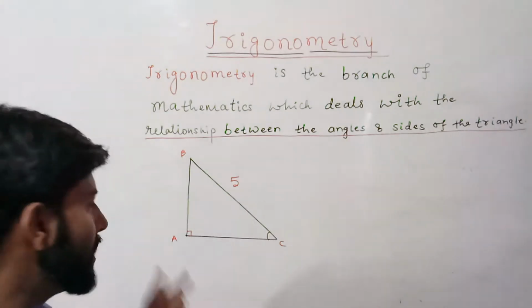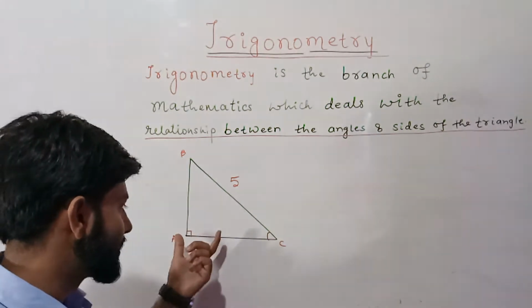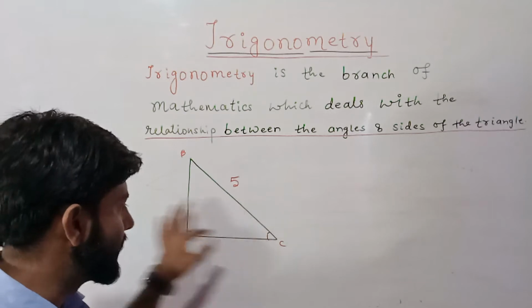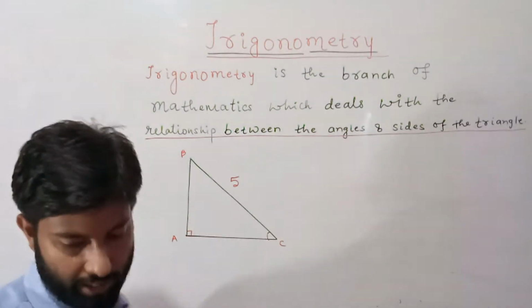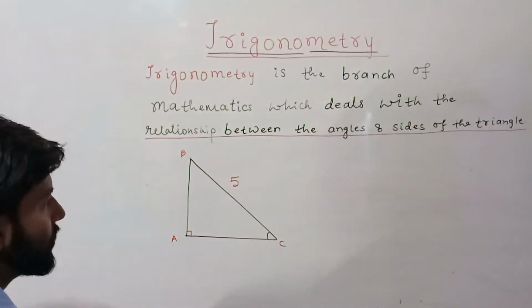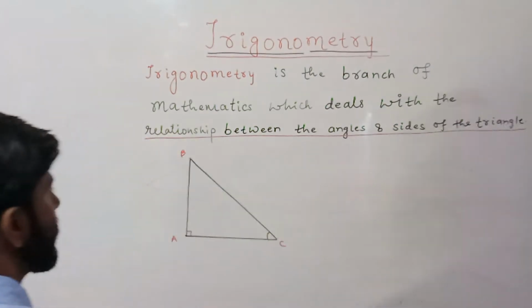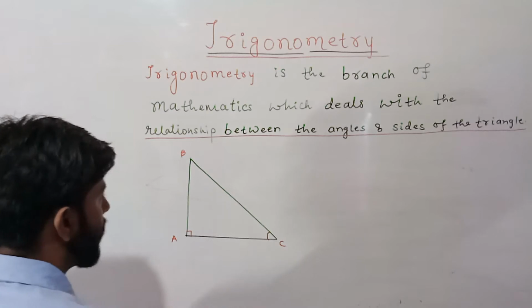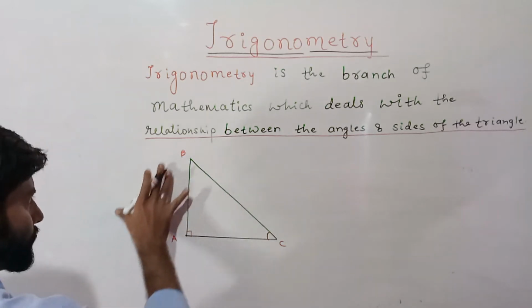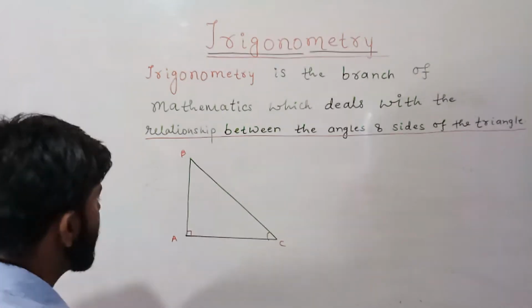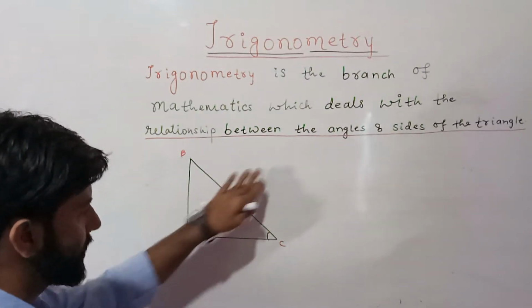Now we will learn some points regarding right angle triangle. Let's start. Suppose this is a right angle triangle. In this right angle triangle, you know this is perpendicular, this is base, this is hypotenuse, but we can't say this is perpendicular, this is base, this is hypotenuse.